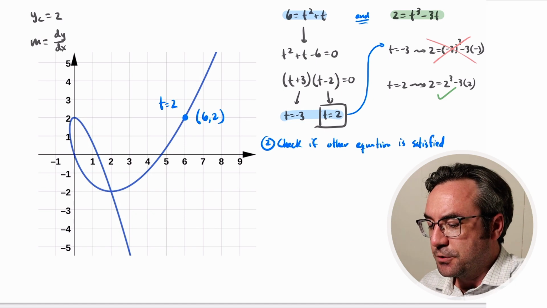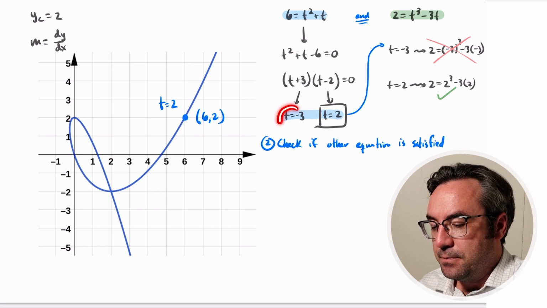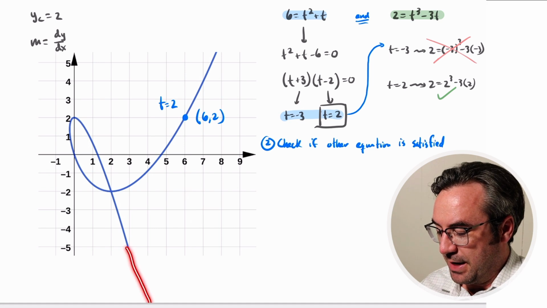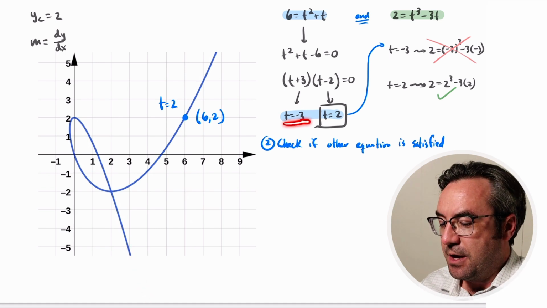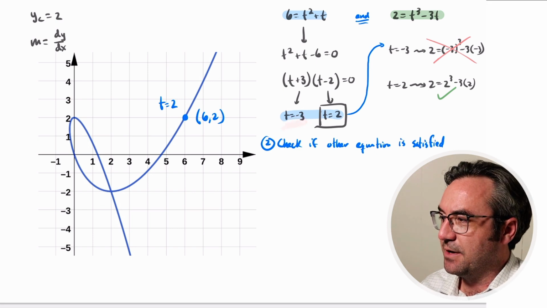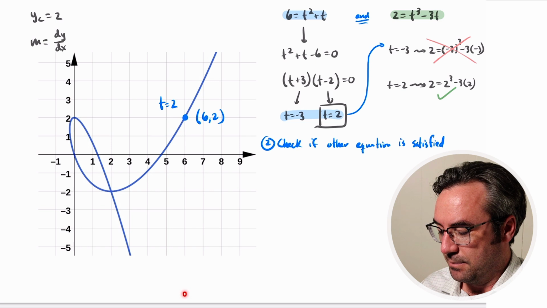So we know for certain that we are actually here. Probably if we kept drawing the curve here, you would see the other point when the x-coordinate is 6, or when time is negative 3. So probably somewhere down here.